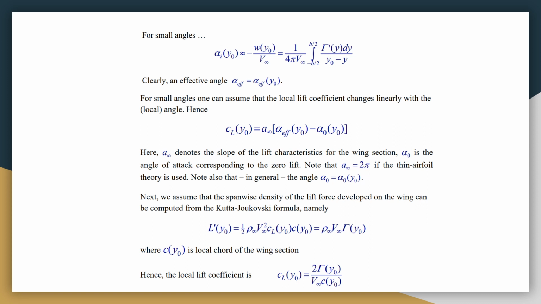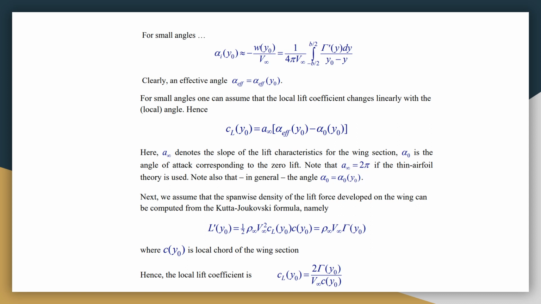Clearly, we previously know the effective angle alpha effective at y naught. For small angles, we can assume the local lift coefficient changes linearly with the angle. Hence, the coefficient of lift, CL at y naught, equals a infinity times alpha effective at y naught minus alpha naught at y naught.